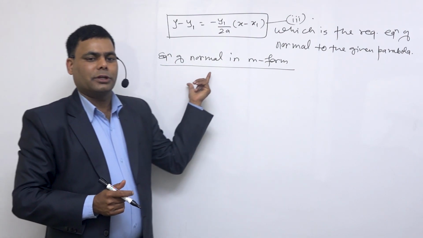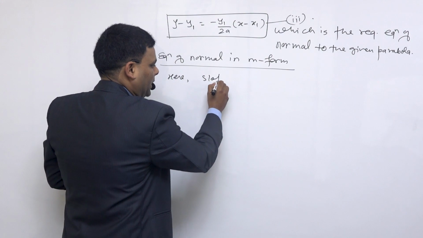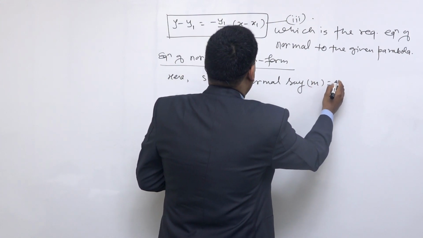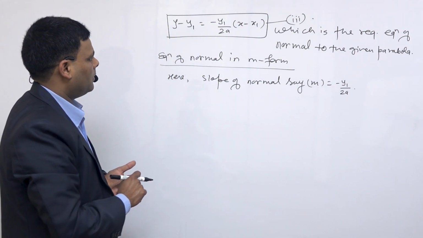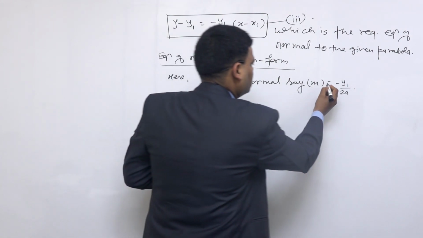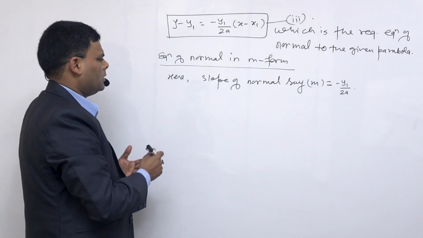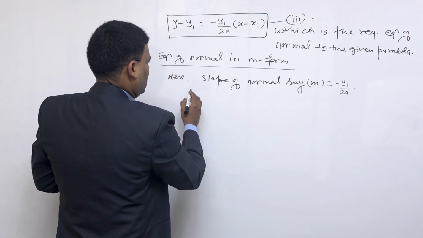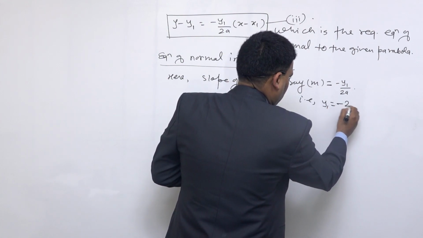Let us derive what the slope form equation of normal is. Here the slope of normal, say m, equals to minus y1 by 2a from 2, that is y1 equals to minus 2am.